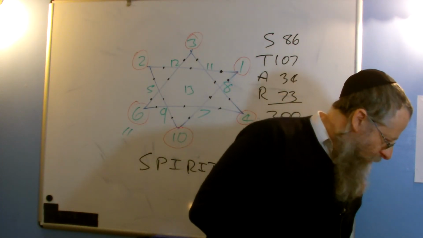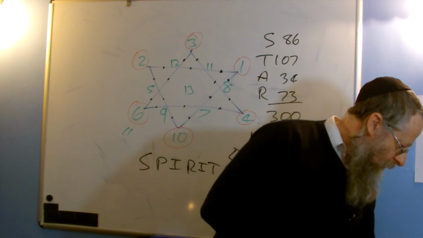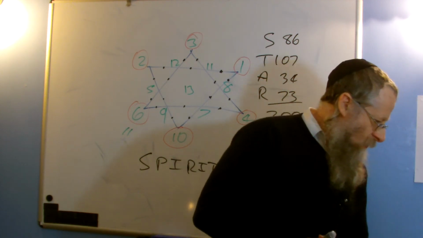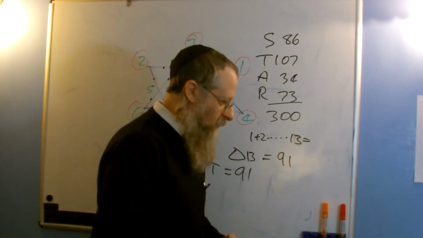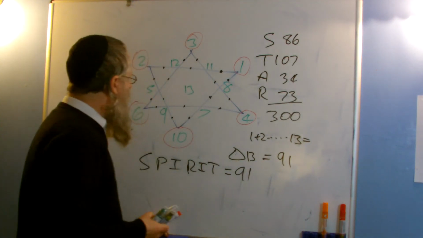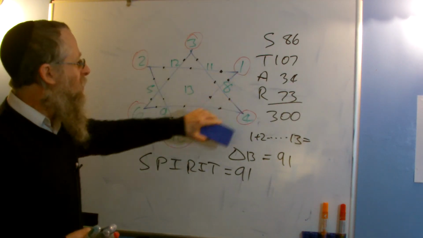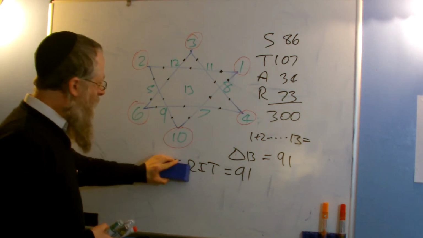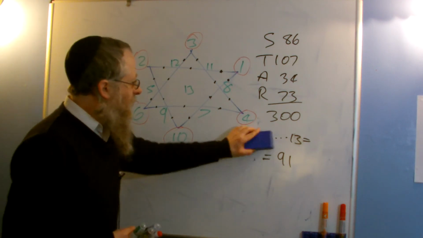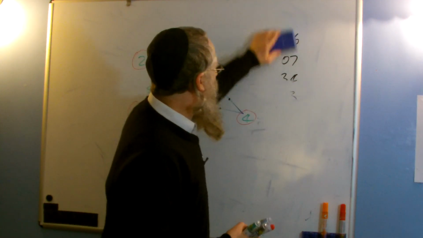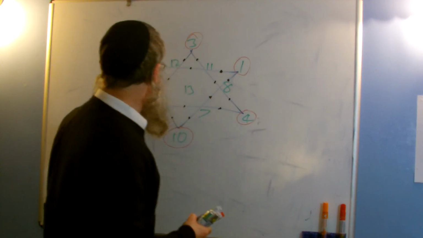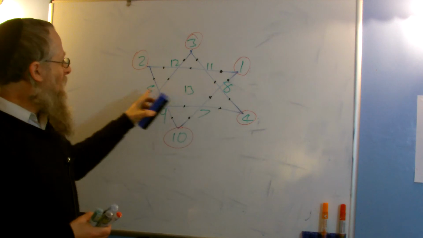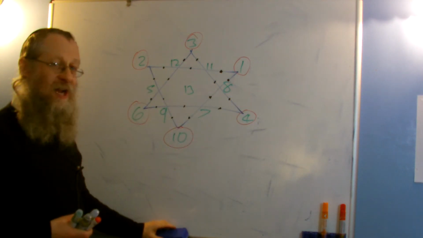One last thing I'll give you. This outer set of numbers is quite interesting, so is the inner set, but we're going to look at the outer set. Note the 5 and 8: 58 is the placement value for star.